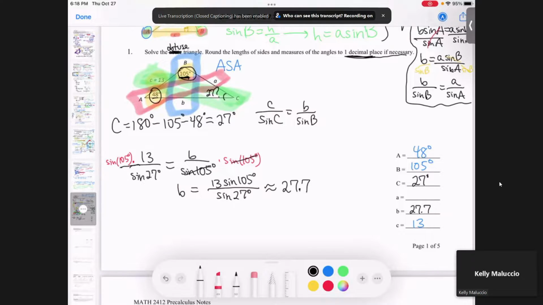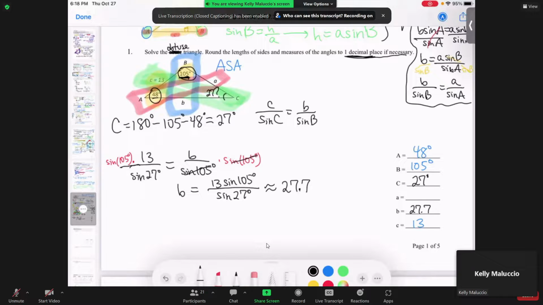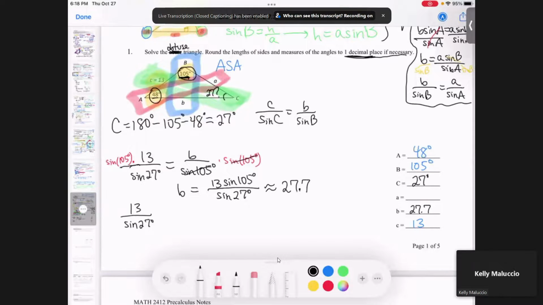Then I do the same thing for a. You could use your little b, but I'd rather not. So I'm going to just use the 13 over sine 27 again. But this time I'm going to set it equal, like looking up here, this time I'm going to replace this with little a and sine a. So this should equal a over sine of what was a, 48 degrees. So again, I multiply both sides by sine of 48 degrees times 13.